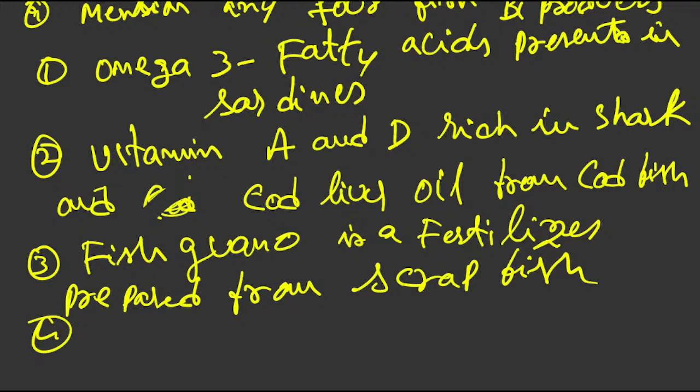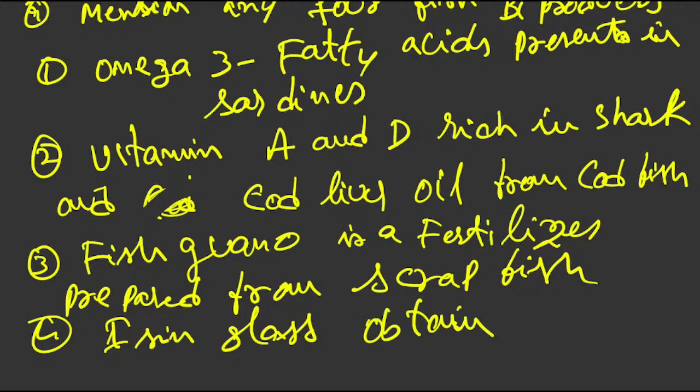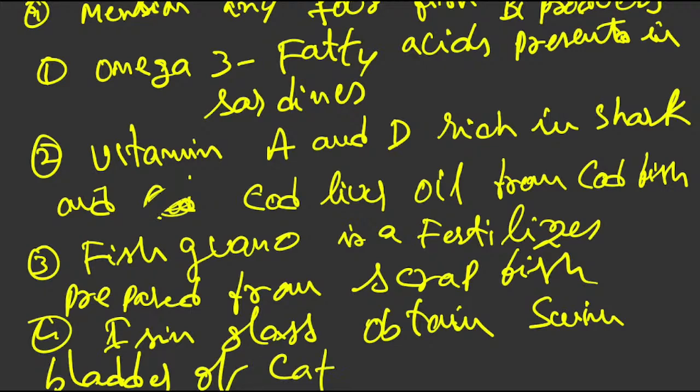Then fourth one, isinglass. Isinglass is obtained from the swim bladder of catfish.